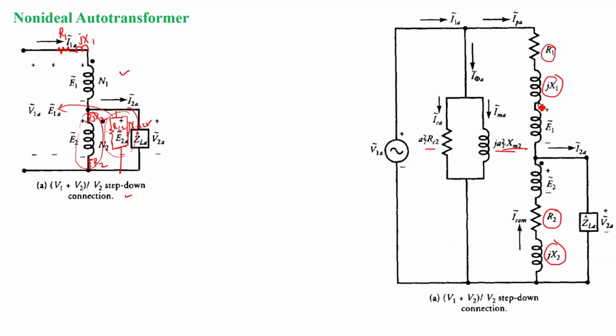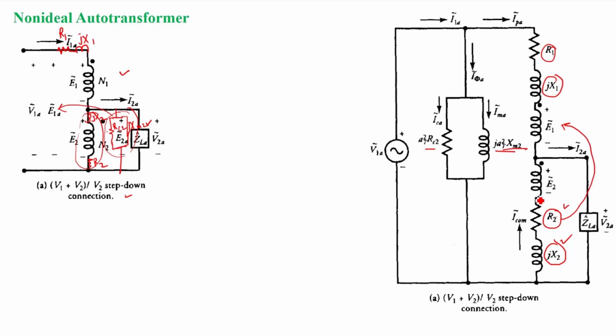So R1 X1 is presented with the winding associated with E1, and R2 X2 with the winding associated with E2, right? Now, with further simplification, this resistance and reactance here, I can refer these two parameters to this side.